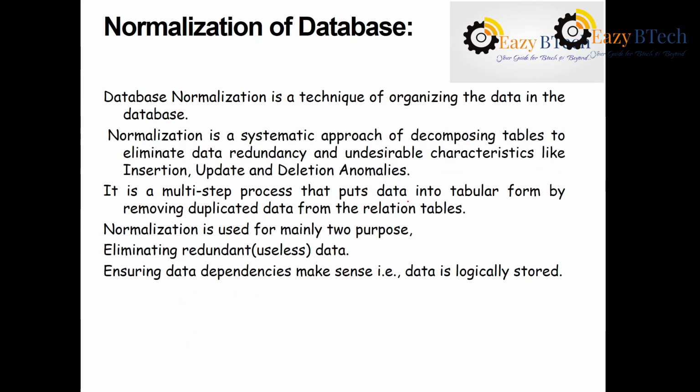Next, normalization. What is normalization? What is the use of normalization? Normalization is very, very important. Basically, they give some relation, and you have to find out in which normal form it is.